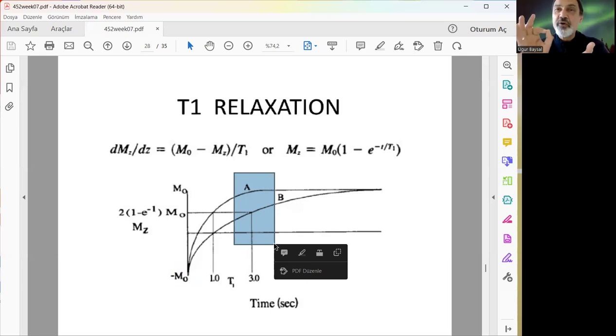That means the contrast is maximum. So MR specialists adjust the parameters to receive the signal at those instants, not before, not later, to have the maximum contrast. So that's the aim.